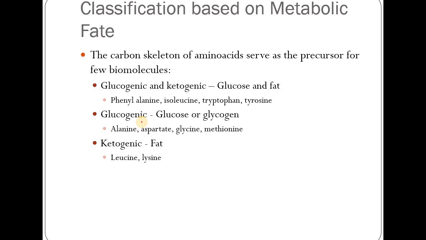And ketogenic amino acids can be used in fat metabolism. Okay, fatty acid synthesis or cholesterol synthesis can utilize these amino acids. And similarly, some amino acids are involved in both pathways. Okay, so they are phenylalanine, isoleucine, tryptophan, tyrosine. They are utilized in both. They are both ketogenic and glucogenic in nature.